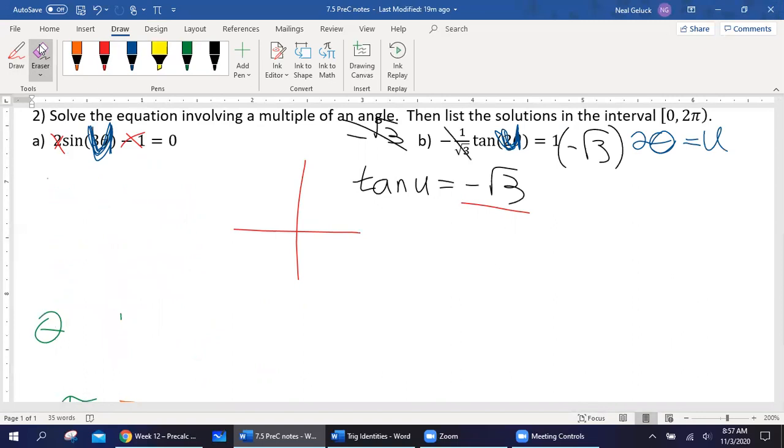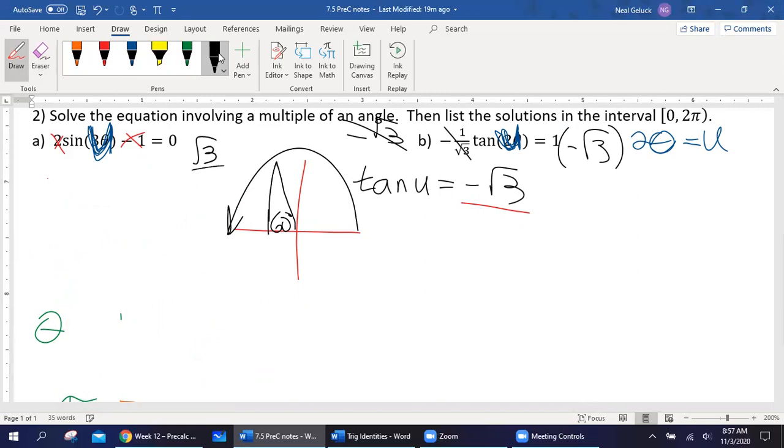Tangent, if I'm only looking between 0 and pi, is negative in the second quadrant, and it would be a 60-degree reference that has a tangent of √3. Because if you did √3/2 over 1/2, you'd end up with √3.